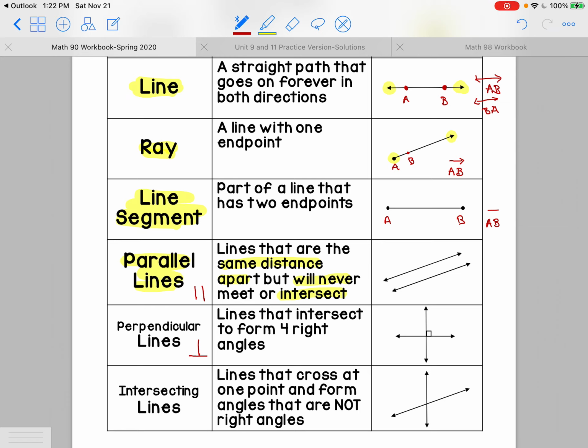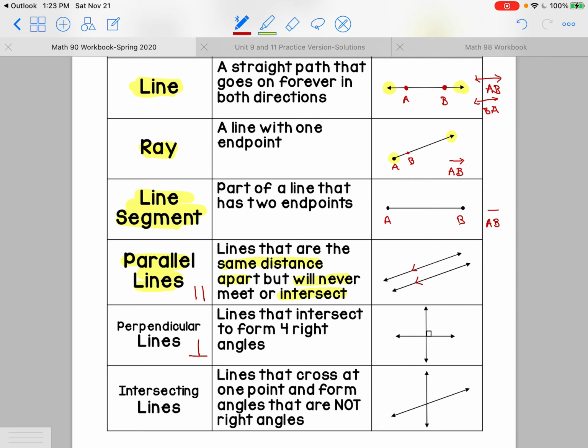In some of your worksheets, you may see little arrows on the 2 lines that are parallel to each other, and that shows us that those lines are parallel without having to say it.